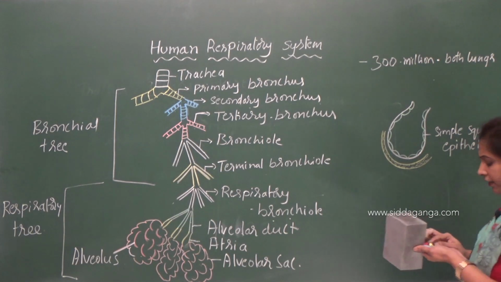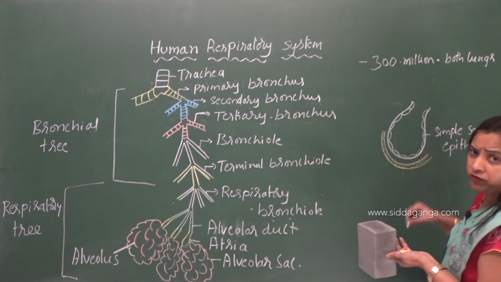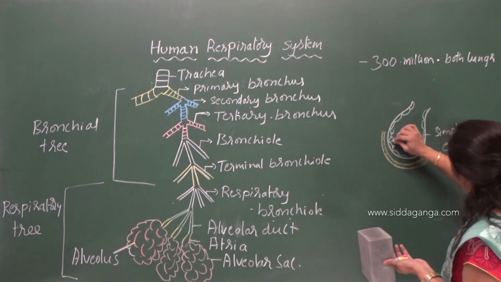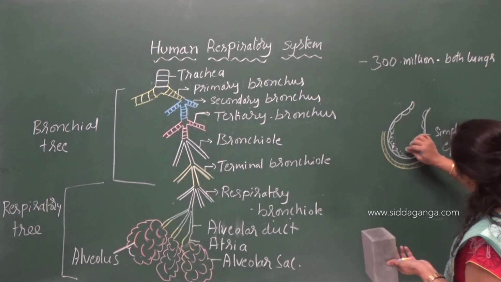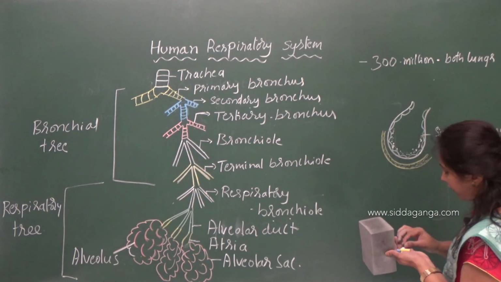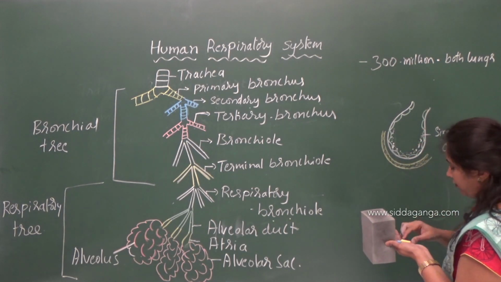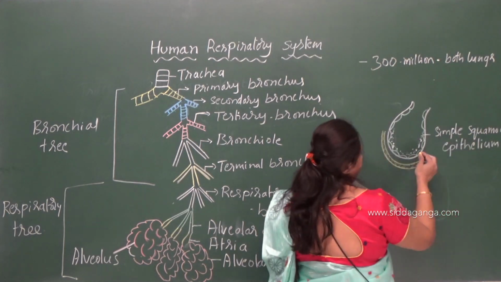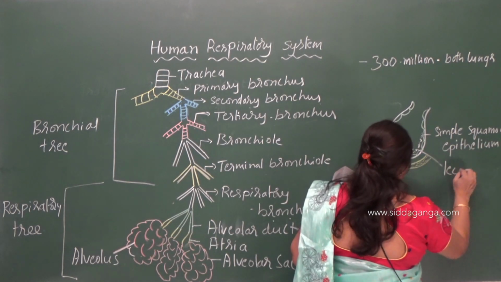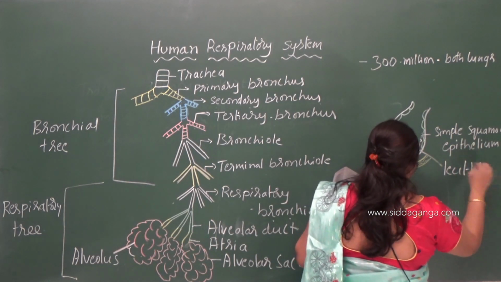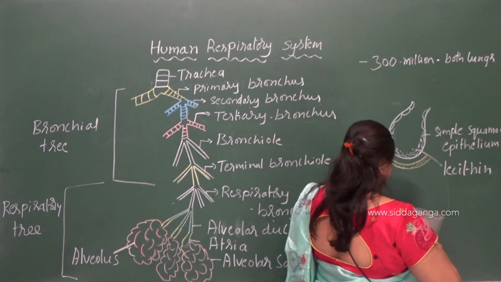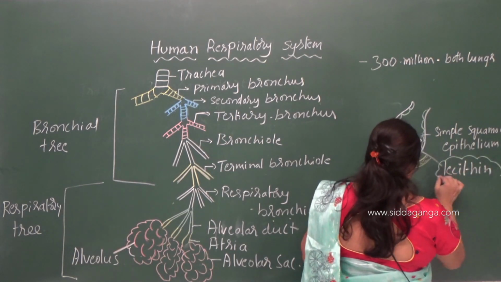See, towards the inner lining of the alveoli, there is the presence of lecithin. This lecithin forms a thin lining towards the inner wall of the alveolus. So this is called lecithin, which is nothing but a phospholipid.